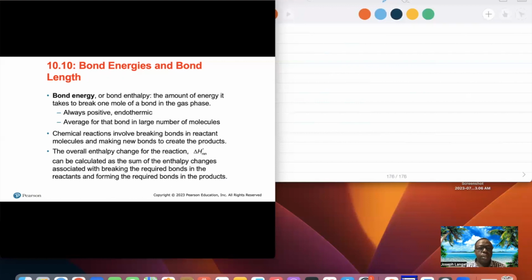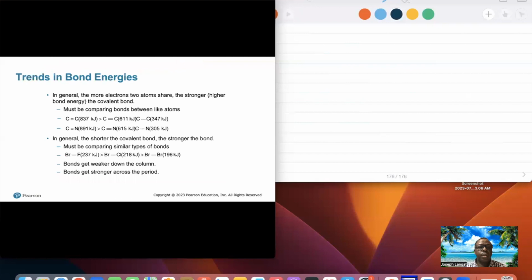You need to know the trend in bond energies. If you look at the triple bond, double bond, and single bond, the triple bond is stronger than the double bond, which is stronger than the single bond.